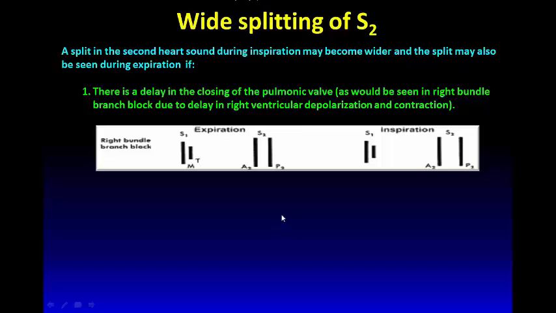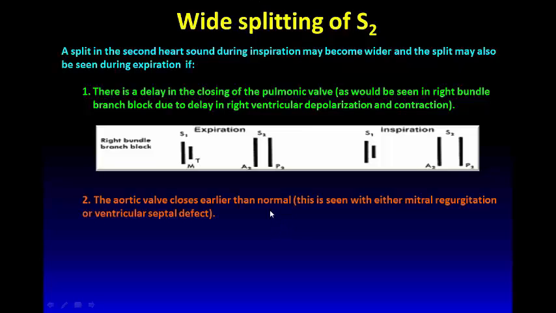Wide splitting of S2 is also seen and heard in cases of mitral regurgitation or ventricular septal defect, because in these cases the aortic valve closes earlier than normal, resulting in wide splitting of S2.